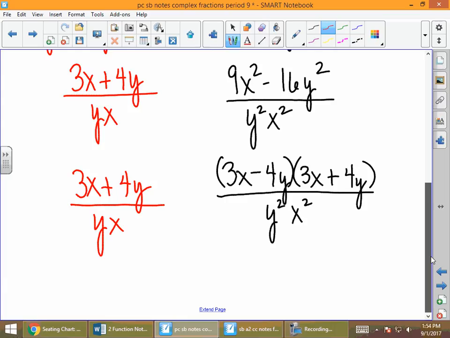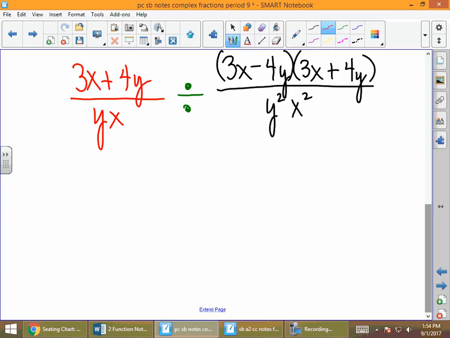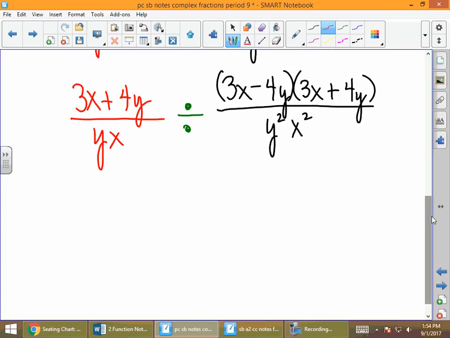Here in black is the bottom of the fraction. And I'm going to go old school with the division. When dividing, don't ask why, flip the second one and multiply. But nothing's going to happen with this 3x plus 4y over yx. But we are going to multiply now.